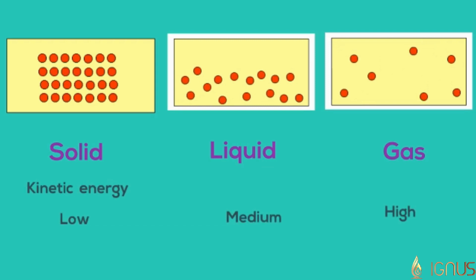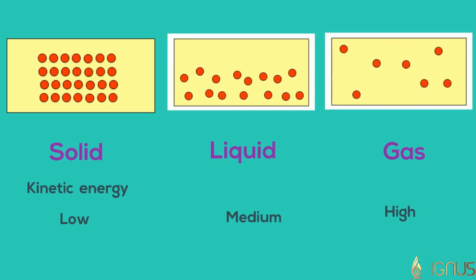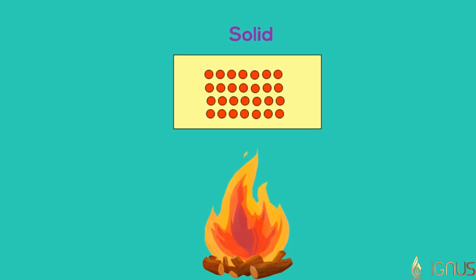have least kinetic energy. When you heat a solid, you are supplying energy. This helps the particles of a solid to gain kinetic energy and move faster. At a point, when you heat enough, they gain enough energy to become a liquid. The temperature at which solid turns to a liquid is called melting point.